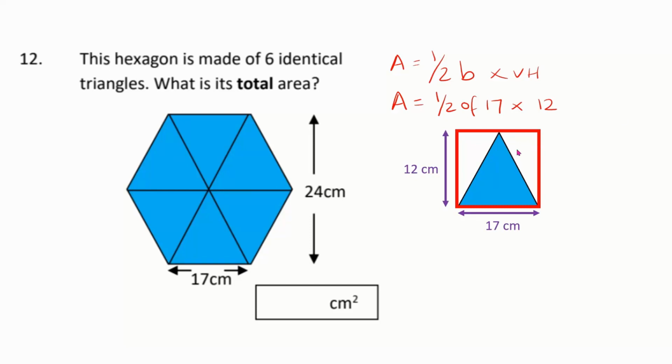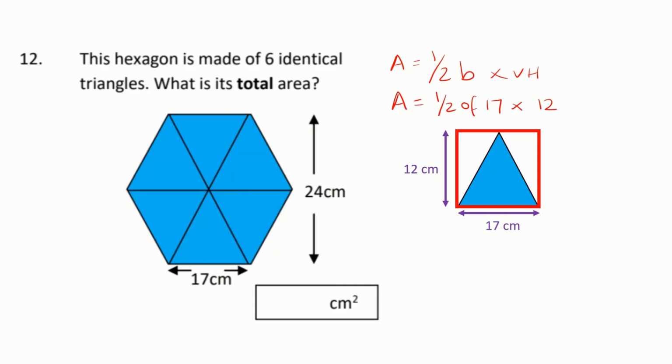You would get the answer to the entire shape. You might say square. It's not actually a square. Even though it looks like a square, it's not drawn to scale because you've got 17 centimetres and 12 centimetres, and a square would have equal edges. All four sides would be equal. So it's not a square.